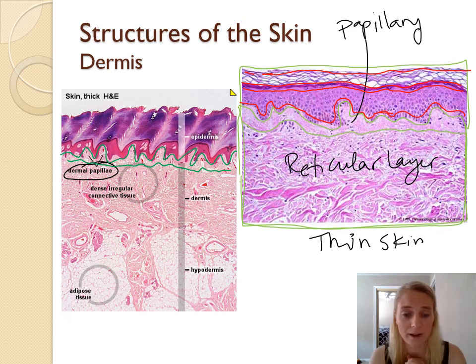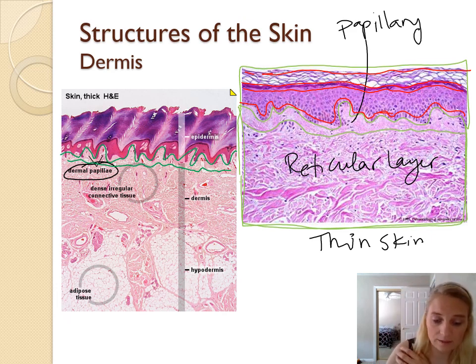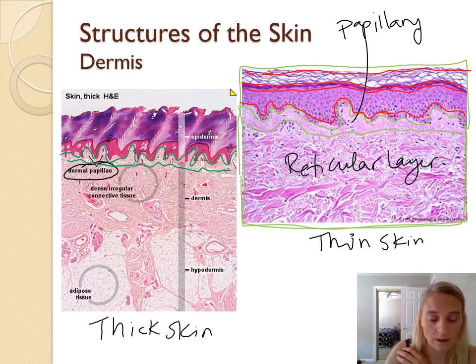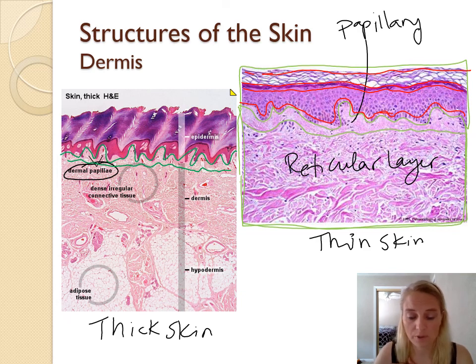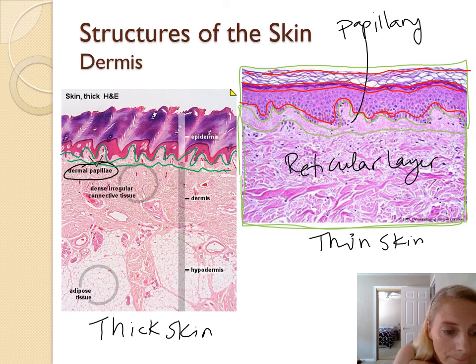Now let's see if we can find our thick skin epithelial layers. This is going to be a little bit harder because it's kind of smaller. So our stratum basale is going to be right along this line, and I didn't do a very perfect boundary.